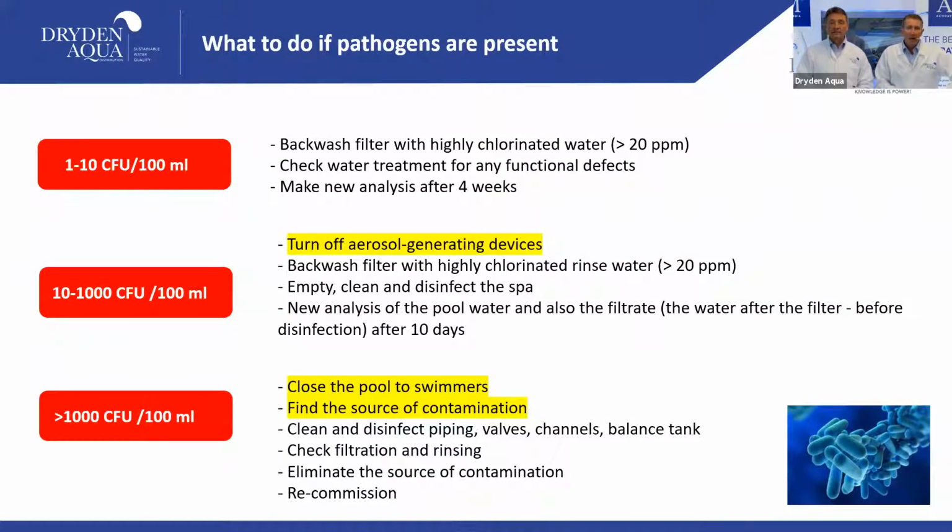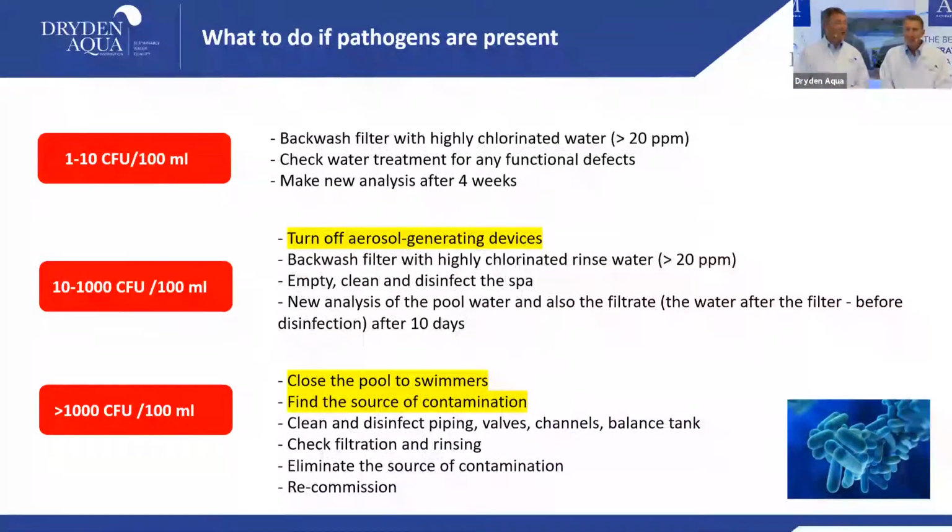And you have to become Sherlock Holmes. You have to find the source of contamination somewhere in your system. Then clean the pipes, the valves, the channels, the balance tank. Especially check the filtration and the rinsing, the backwashing, and eliminate the source.